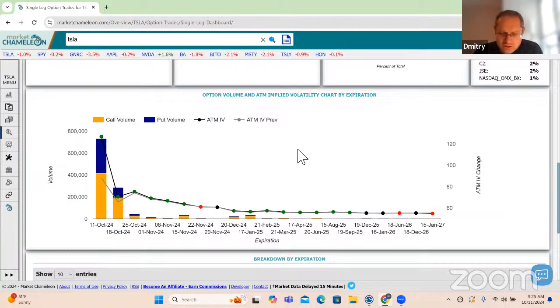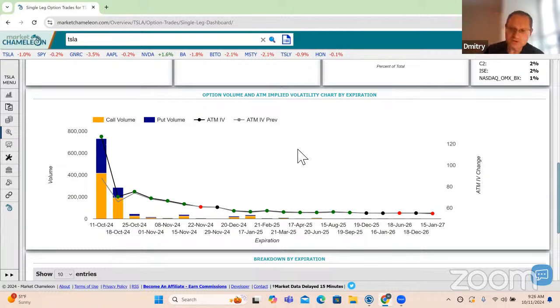So the value of the options, how do we track it? How do we measure it? Well, we measure it by implied volatility. It's premium. If the implied volatility is moving up, then the option values on a relative basis are moving up. If the implied volatility is moving down, then on a relative basis, the option values are moving down.